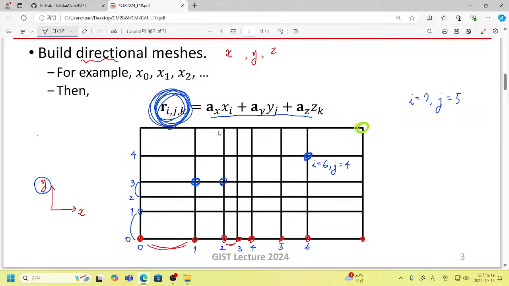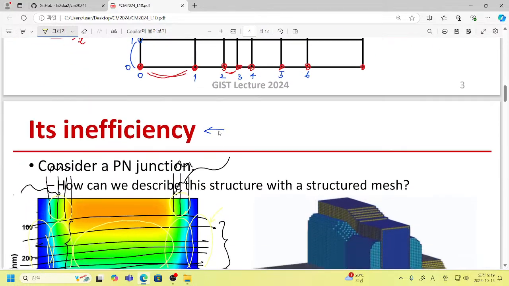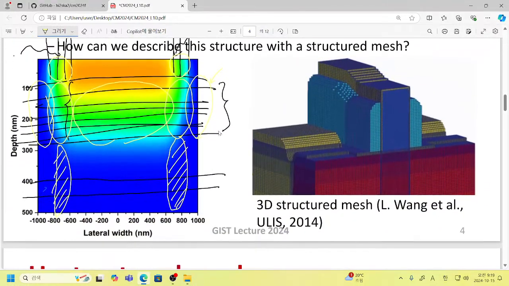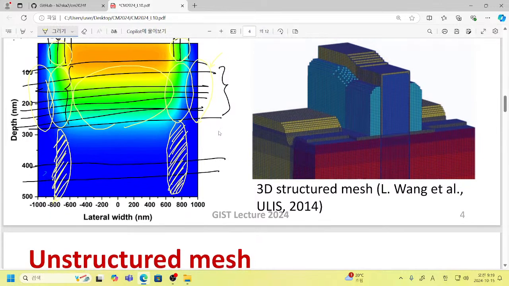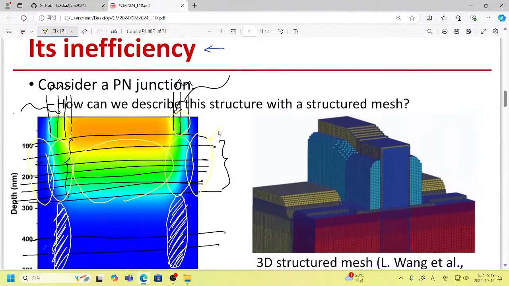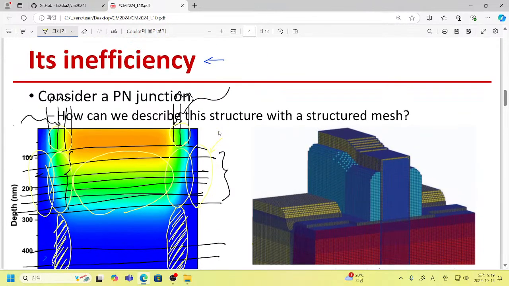It is because we have assigned our points just following these lattice points of each direction. So if any of our directional mesh has a densely populated region, then for a certain direction we have more points, although that is not necessary for our device under simulation.